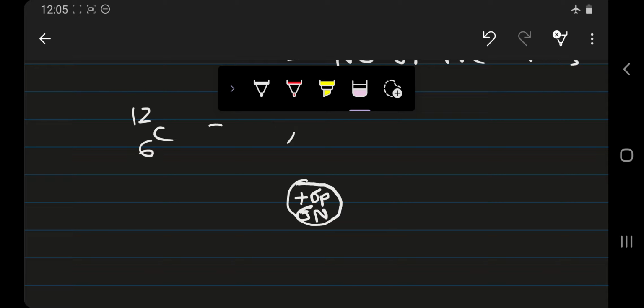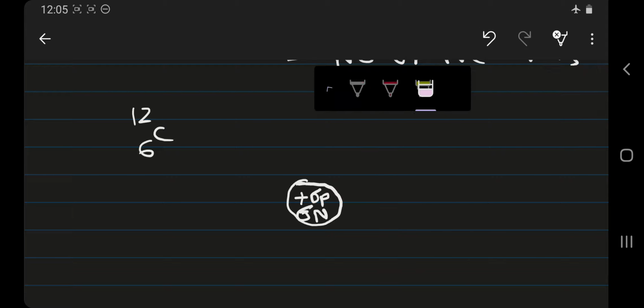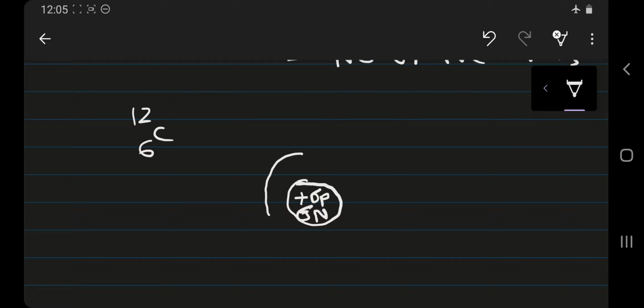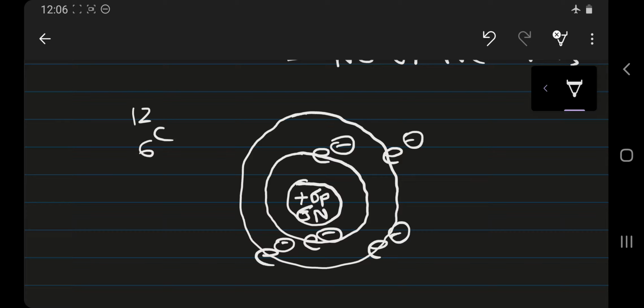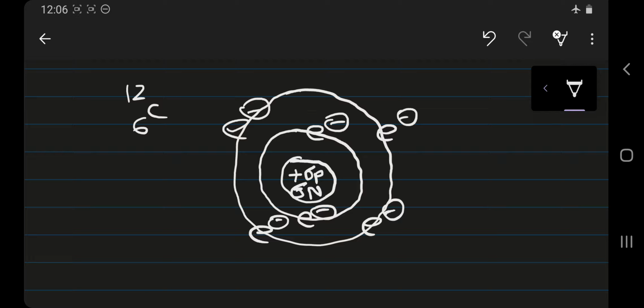Then we'll continue drawing this carbon atom. In the first orbit we are showing these 2 electrons and in the second orbit we are going to show 4 electrons like this. Now I am writing electron as negative because an electron carries negative charge.